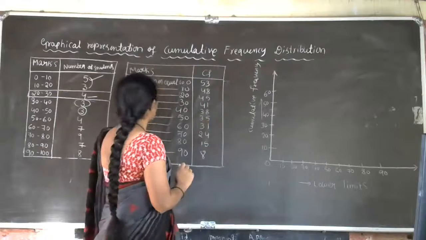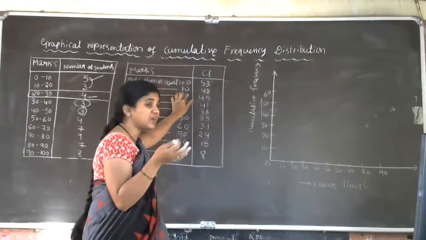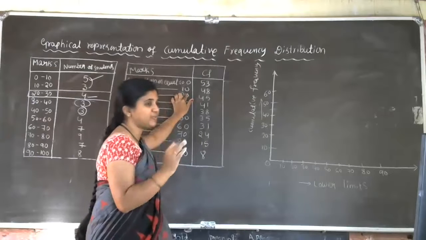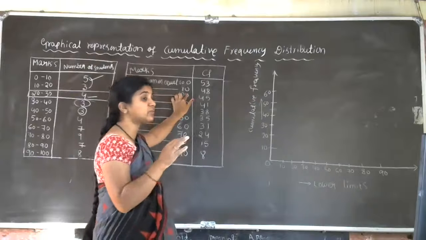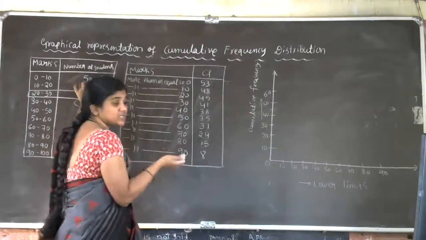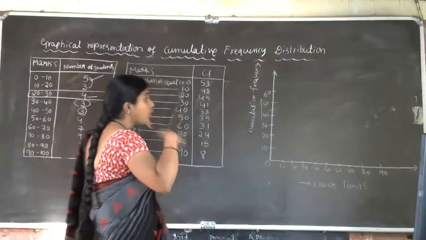Next, more than or equal to 10. My question has changed now. More than or equal to 10 in the sense, all the 53? No. So from the 53, we have to subtract the 0 to 10 column. 5 members we have to subtract because I'm asking more than 10.